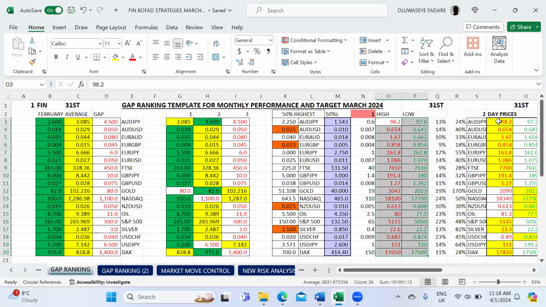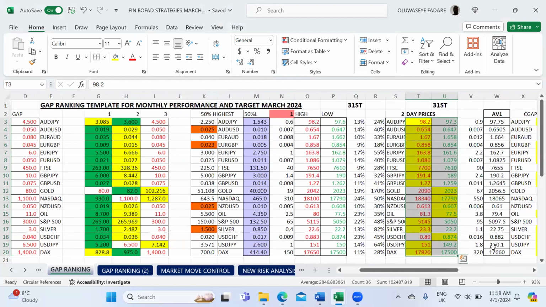So if day one is Wednesday, then the end of Friday is going to be week one. If day one is Thursday, then our week one is going to be Thursday and Friday. If day one is Wednesday, our week one is going to be Wednesday, Thursday, Friday report. So once we start our day one, the end of the week will be our week one report, which we are going to update here, okay?